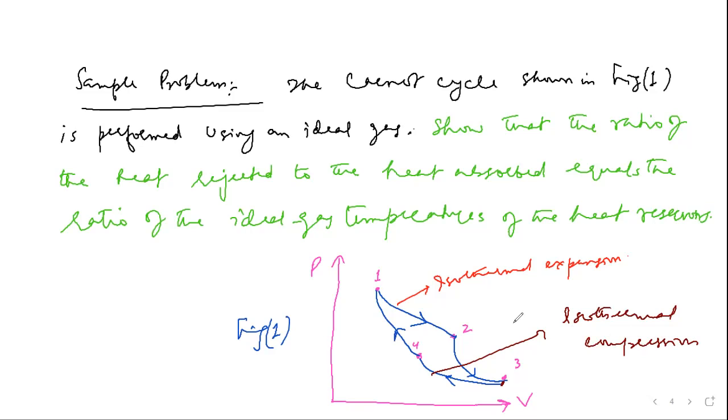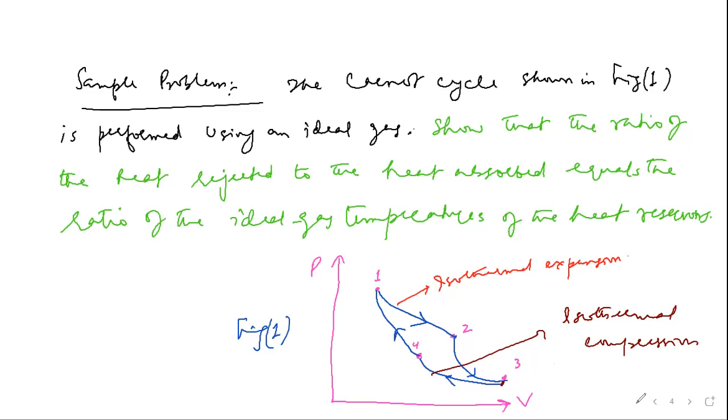Now this work is of the same magnitude as that done by the gas if it expands from state 4 to state 3, right? I'm saying the magnitude of the work is the same as if the gas expands from state 4 to state 3.